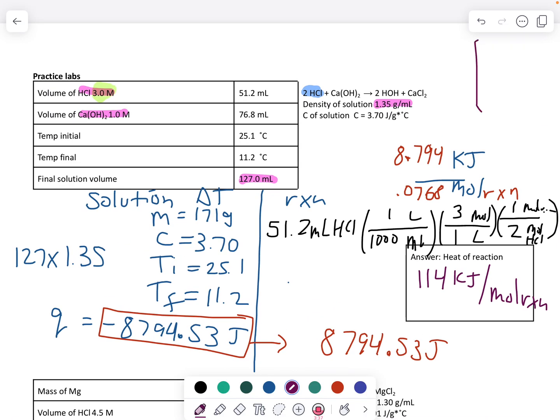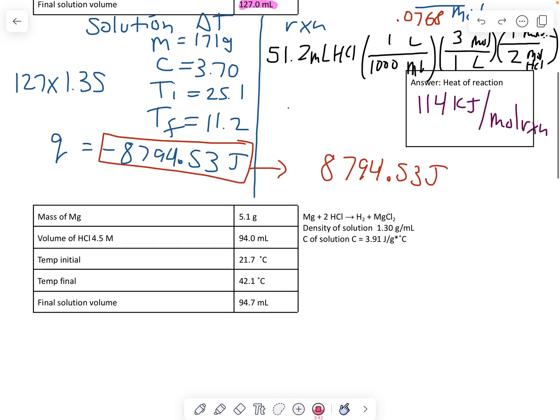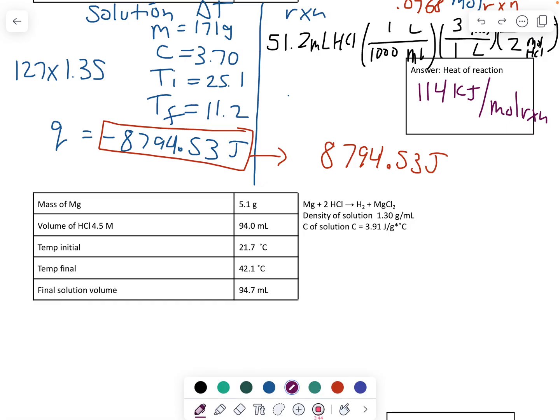So the flow here again, and I wrote this flow on the last page, but if you need a little something to help you, the flow for these problems is step 1, get the Q from water or from the solution. So you're gonna wanna make sure you're using the solution information. Number 2, flip your Q sign and make a kilojoule.